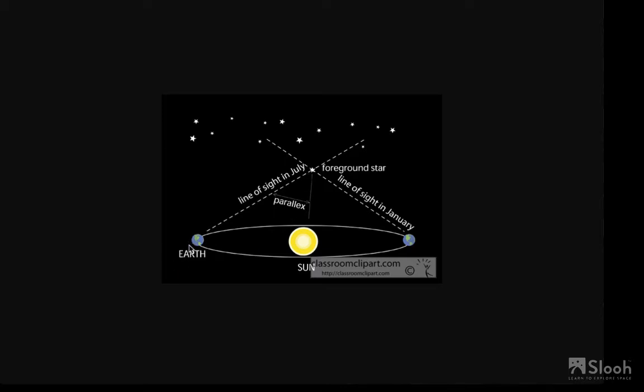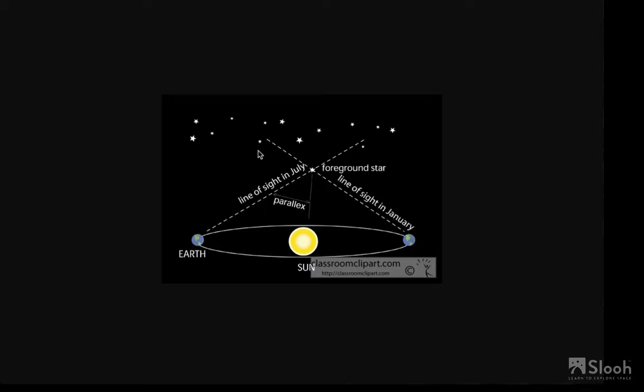And so when Earth orbits the sun, our vantage point changes. Our lines of sight, when we're over here in July on the left-hand side of the sun and we look at this foreground star, we see it along this axis. But when we orbit around the sun and we're over here in January and we look at the same foreground star, it appears to have a different axis.